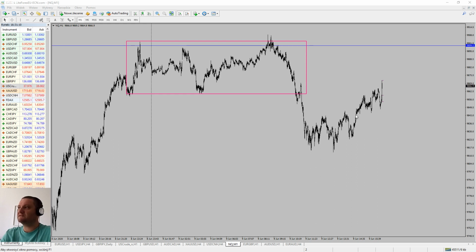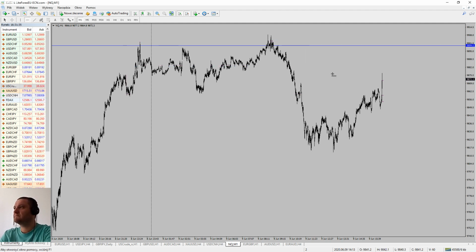But of course, first things first is half of that consolidation, New York close, Tokyo session. So that might be around 9,900. I'm sorry, 9,882 based on my chart. That could be the first supply here.